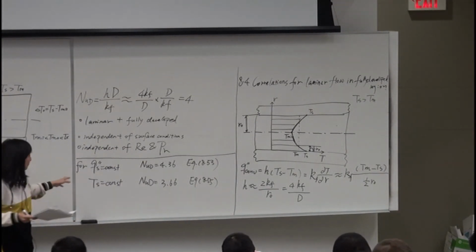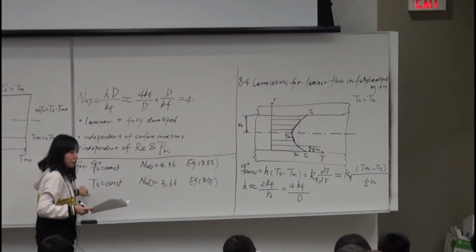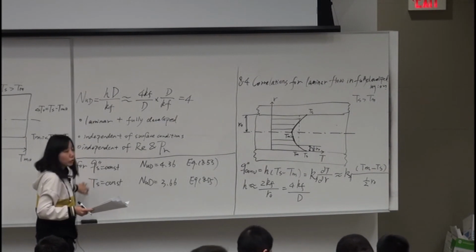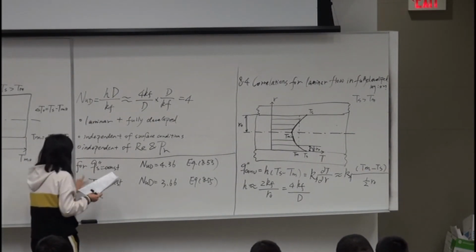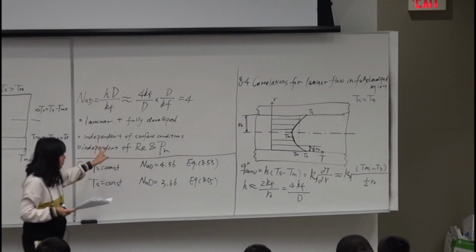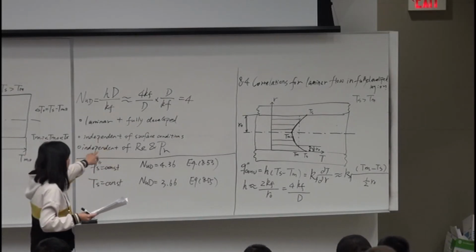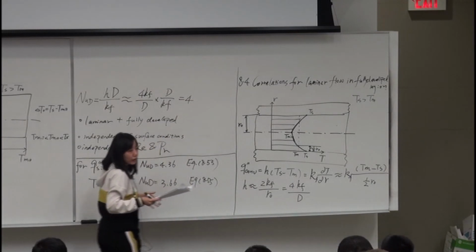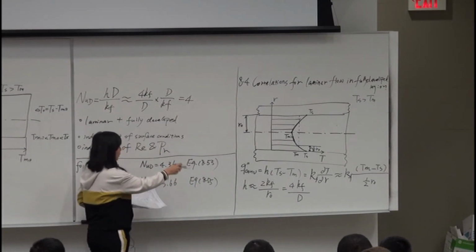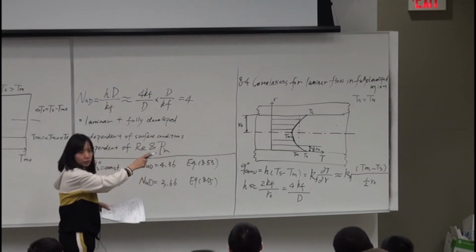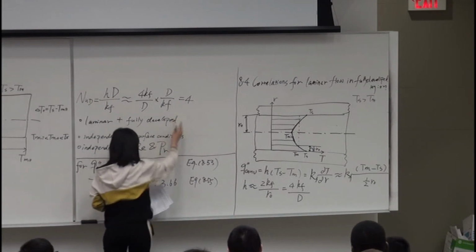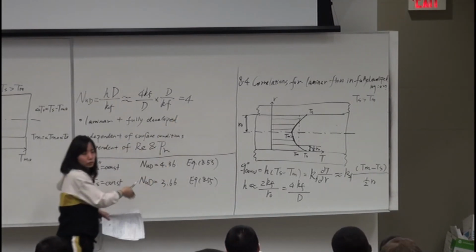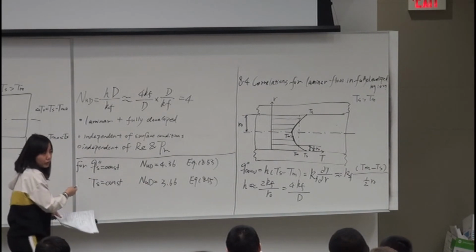They are different for these two thermal surface conditions, but what we have is more or less the number of 4 here. We didn't solve complex differential equations, but just by approximation, we end up with a value very similar to the exact values.